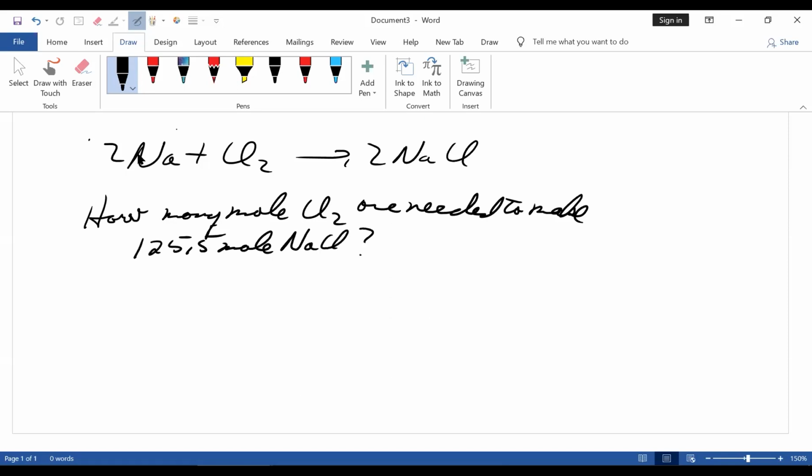And why don't you try this one all on your own? If you don't have a calculator, just set it up. And it is how many moles of chlorine are needed to make 125.5 moles of sodium chloride. And I might have written also how many moles of chlorine with an excess of sodium are needed to make 125.5 moles of sodium chloride. Your turn. Have fun.